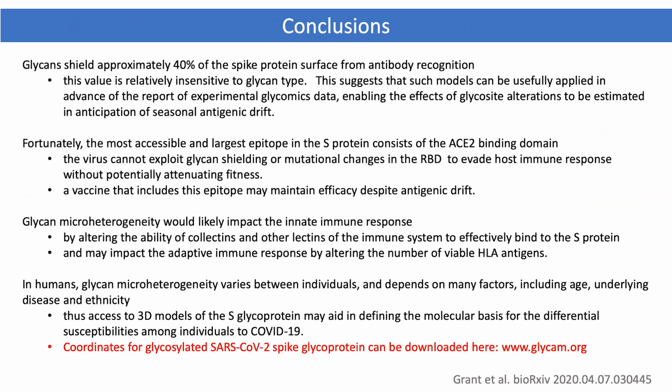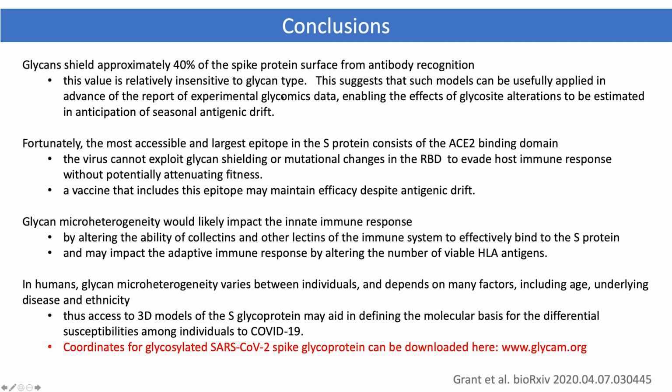All right, so to conclude, sorry for all the text, but glycans shield about 40% of the surface, really independent of the glycan as long as it's a typical kind of glycan.